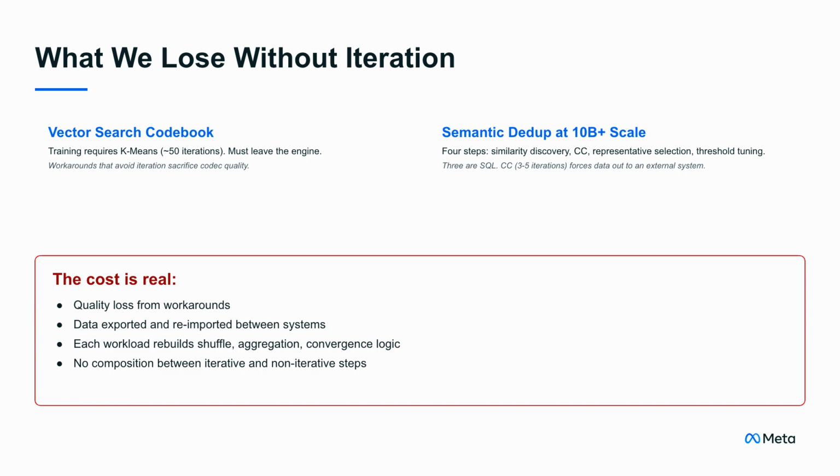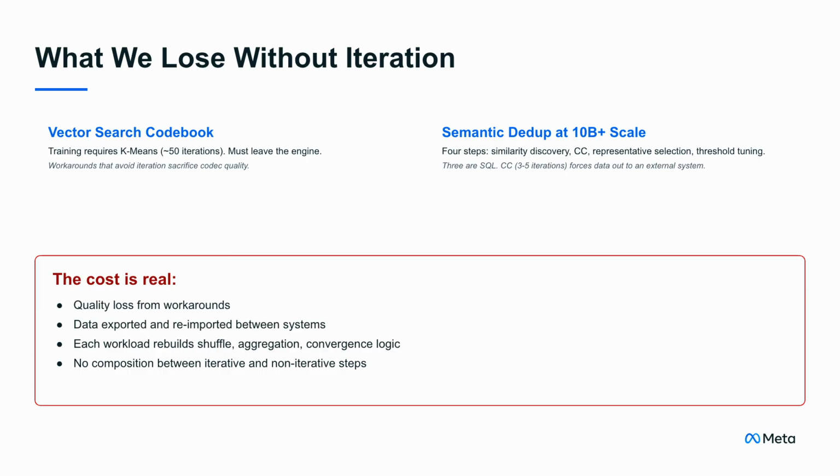Similarly, if we take a look at semantic dedupe, this workload typically involves four logical steps. The first step is to compute similarity pairs, which you can do in SQL, for example, with vector search. The second component is connected component computation, which needs a graph algorithm, and you need iteration.